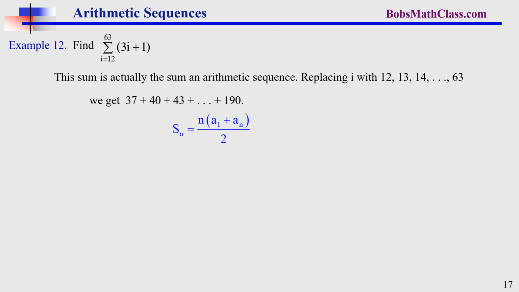Okay, so now we're going to use our formula. We need n. N is the number of terms. Remember, to find the number of terms, it's going to be the top number minus the bottom number plus 1, right?